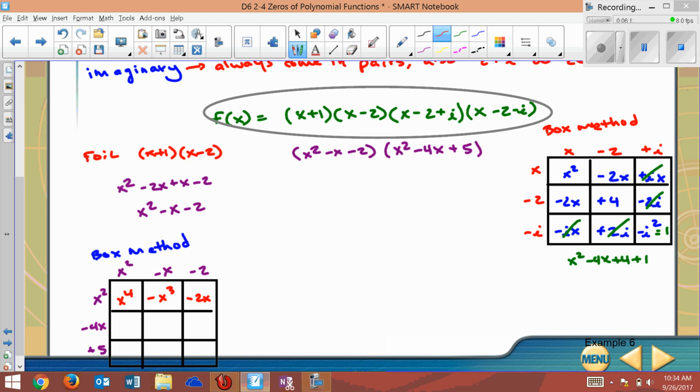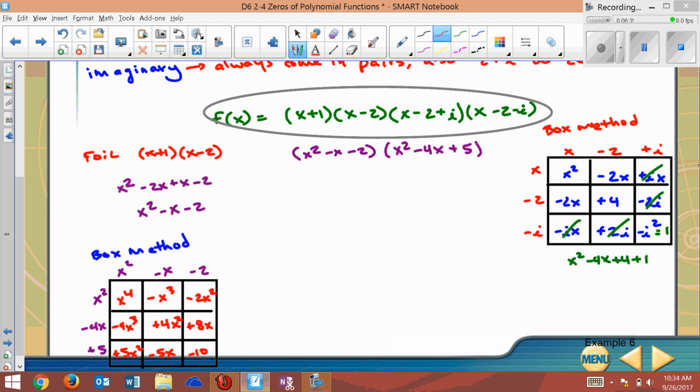Negative 2x squared. This is negative 4x cubed. This would be positive 4x squared. This is positive 8x. Positive 5x squared here. And negative 5x. And finally, negative 10.